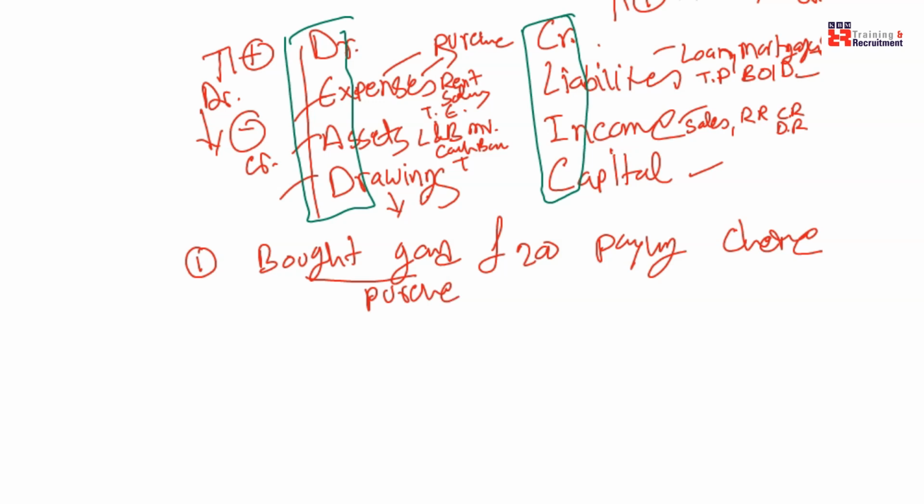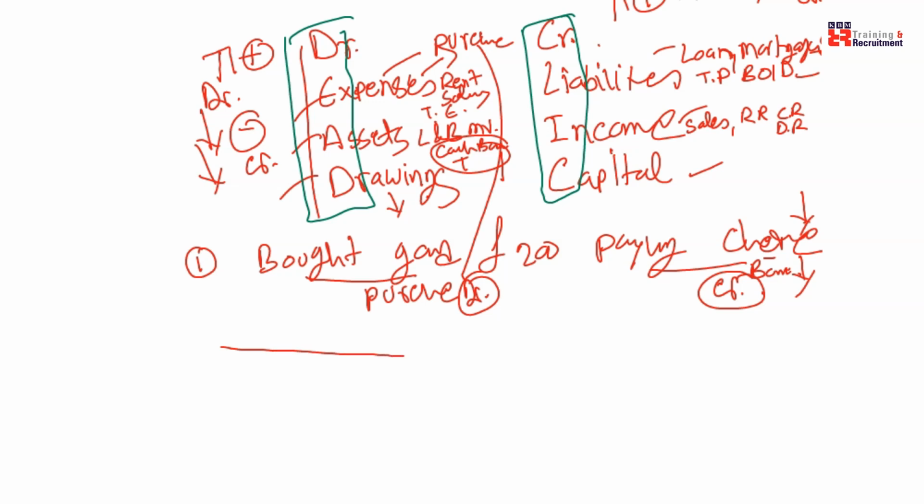Purchase account is what? Purchase is your expense. Expenses are debit. Right. Paying by check. Check is a bank item. Your bank going down. Bank is an asset. Assets are usually debit, but what if it goes down? This time your bank is going down, isn't it? So cash or bank going down, that becomes credit, yeah?